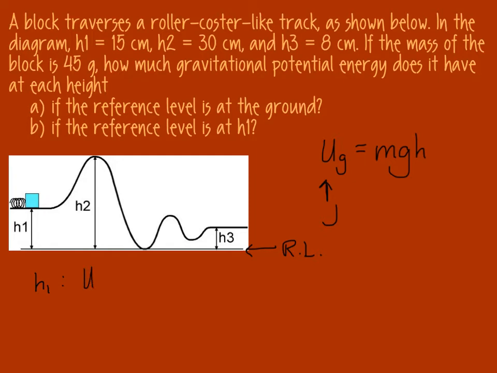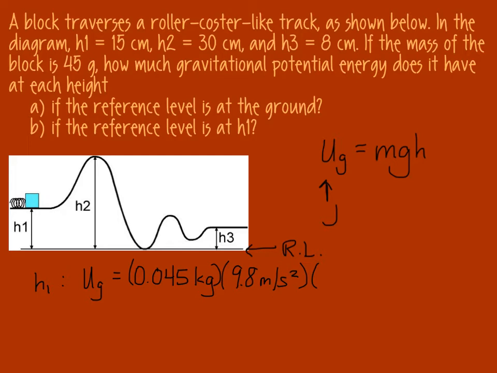So we know the mass in each case is 45 grams, but we have to convert that. Pause the video and convert that to kilograms for yourself right now. You should have found that the mass is equal to 0.045 kilograms. We know g is a positive 9.8 meters per second squared. Again, we use the positive due to the lack of a vector symbol above the g in the equation.